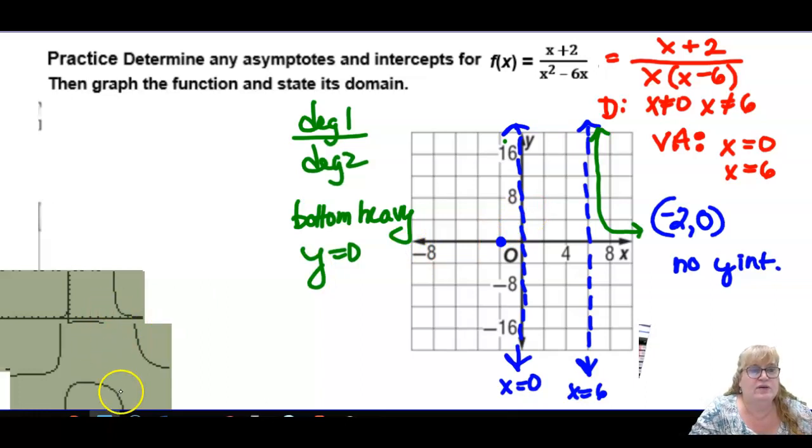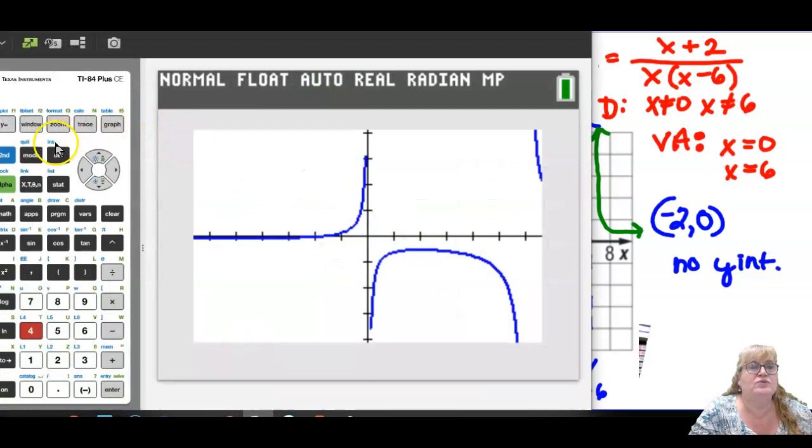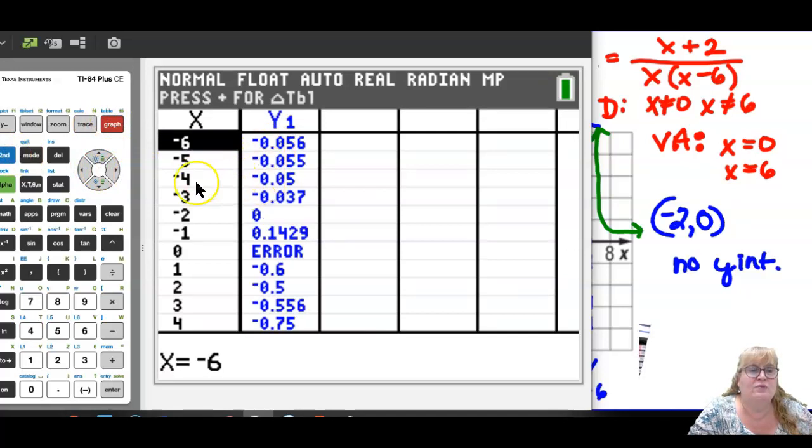Let me show you one more thing. The other thing is if you go to the table, you see that out past -2, the y values are actually negative.